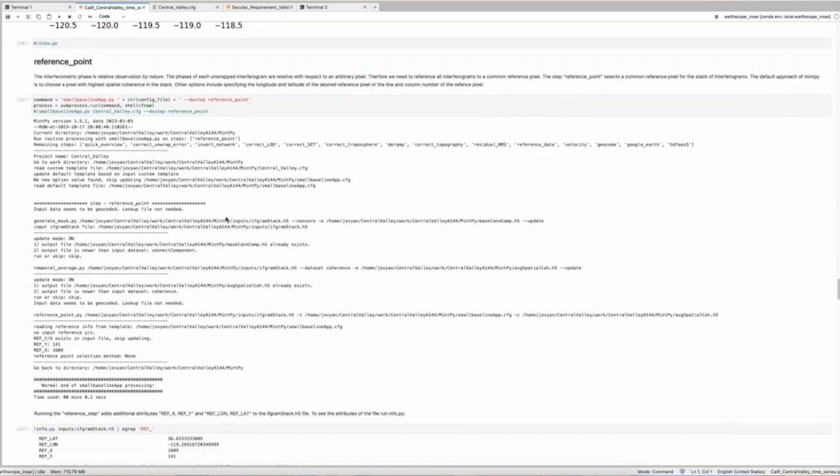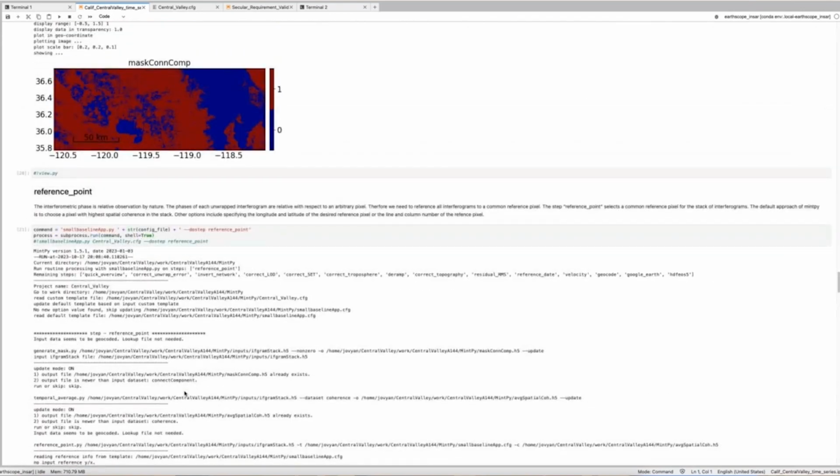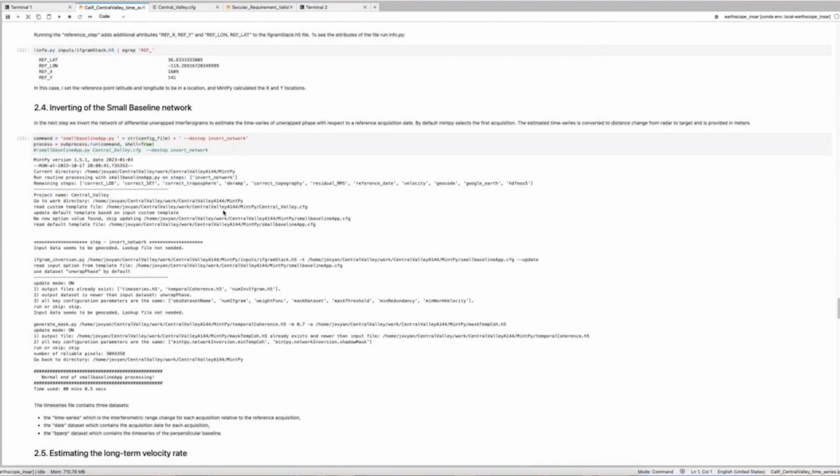It looks at the average of that spatial coherence map and finds a place where the coherence is high, and it shows the reference point here at latitude 36.6 degrees, longitude 119.26. So all the measurements will be relative to this reference point in the rest of the analysis.